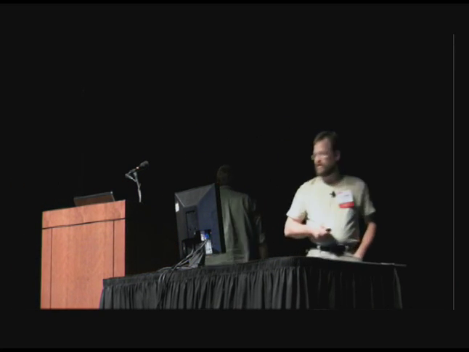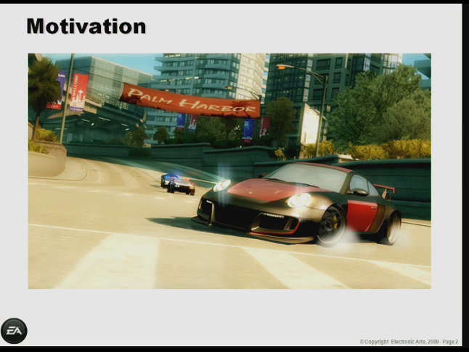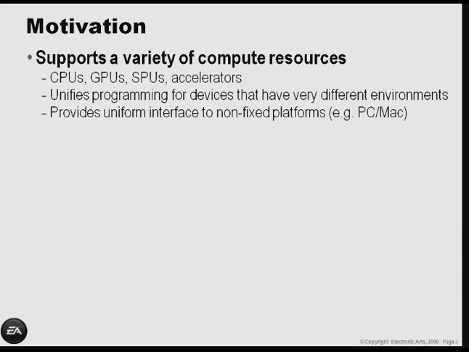Thank you. So let me start out by telling you a bit about why EA cares about OpenCL. As game developers, we're faced with a variety of platforms that have what amounts to heterogeneous computing environments. We've been building games on heterogeneous computing environments for a number of years now.